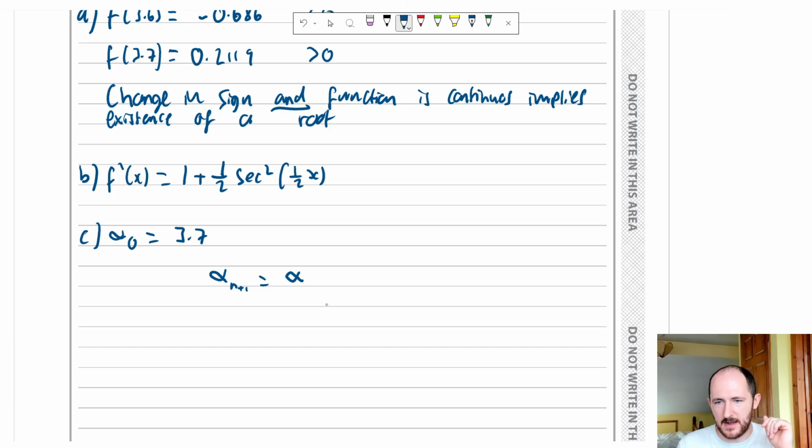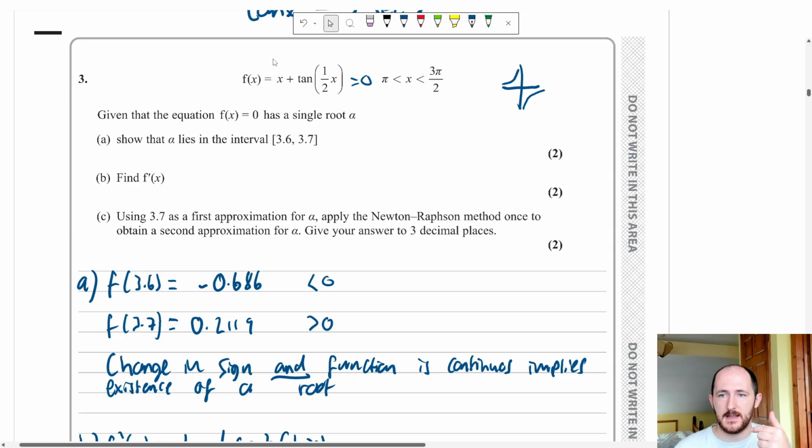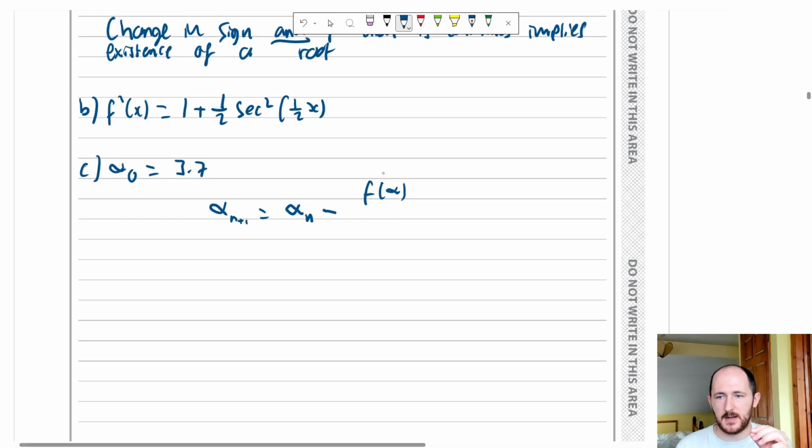You take your value for alpha n, and you subtract the original function with alpha n subbed in, and you divide it by the differentiated function with alpha n.